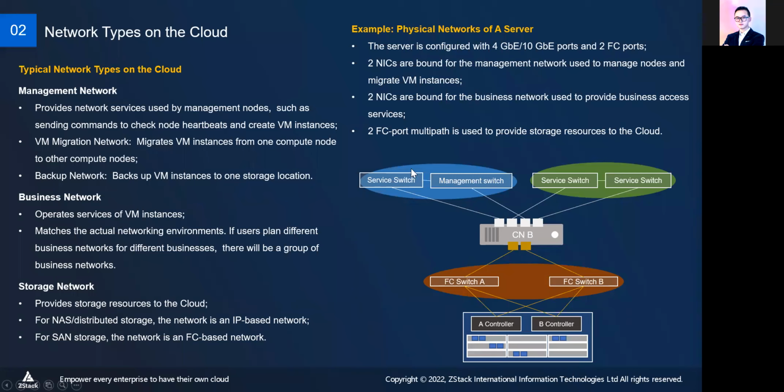So we have computer switches to connect to the computer node, and maybe we use LACP bond to do the failover and connect to our computer node. And there are other service switches to carry our business network for the virtual machines, and maybe there is another computer node or a connection to the internet. So this is an example of the network scenarios.